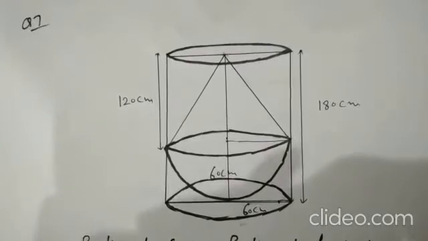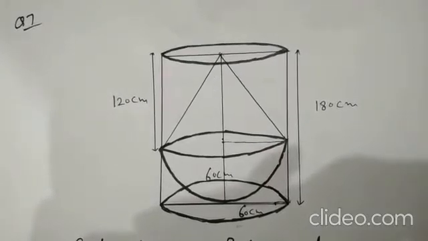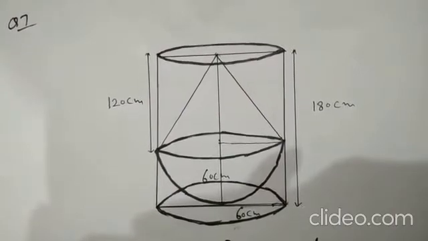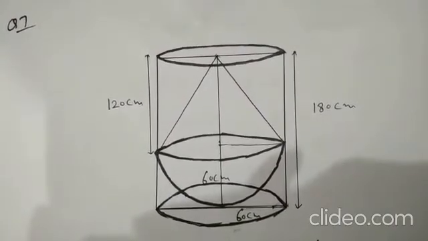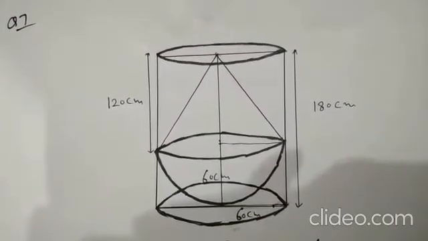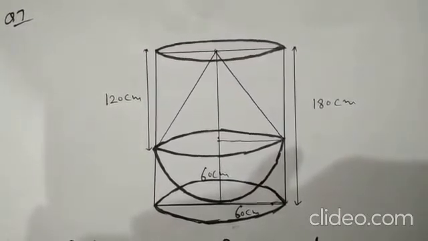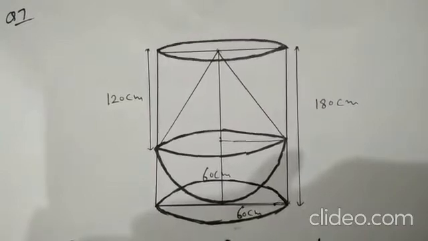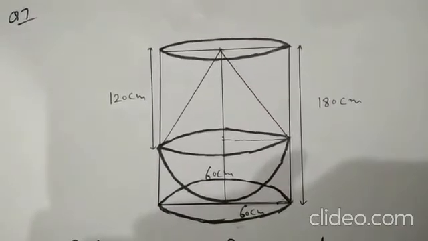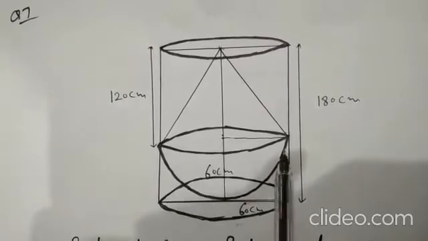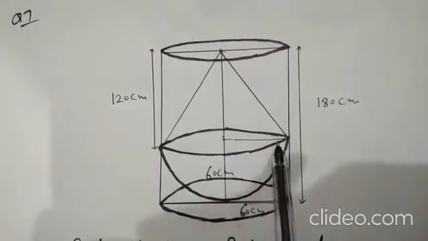A solid consisting of a right circular cone of height 120 centimeter and radius 60 centimeter standing on a hemisphere of radius 60 centimeter, and this is placed upright in a right circular cylinder full of water. So this is a solid in the shape of a hemisphere surmounted by a cone.